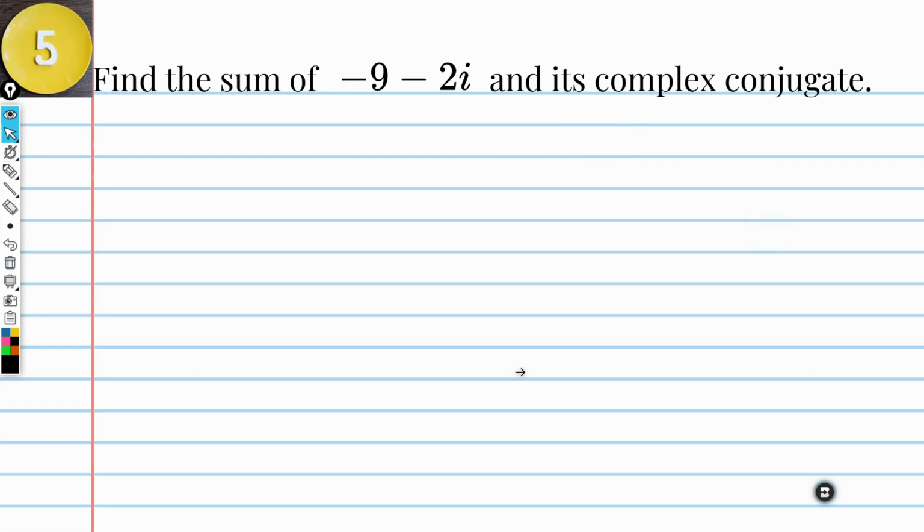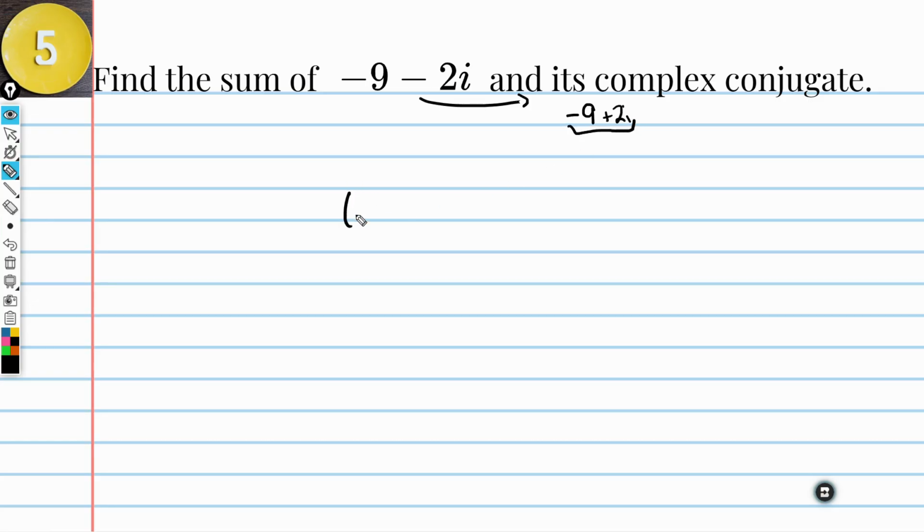Now let's do a basic operation with complex conjugates. So if I want to find the sum of a number and its complex conjugate, so let's take negative 9 minus 2i. First thing I need to do is find its complex conjugate. So negative 9 plus 2i.